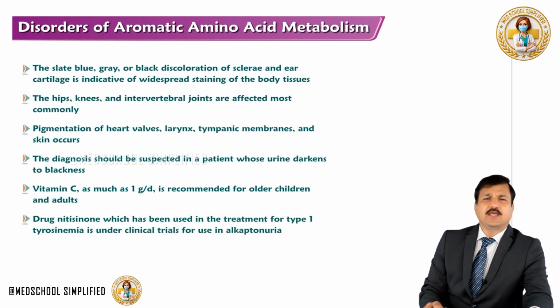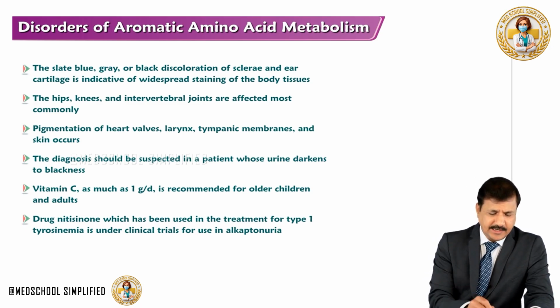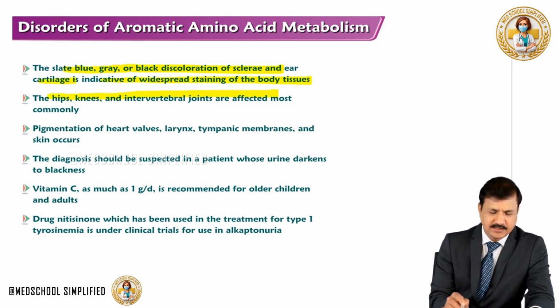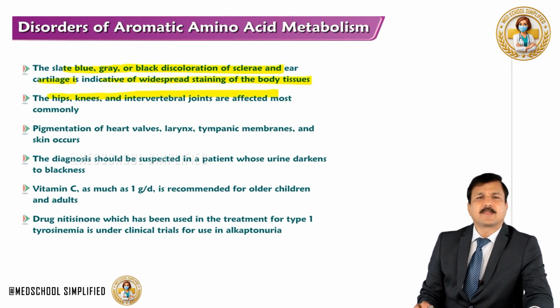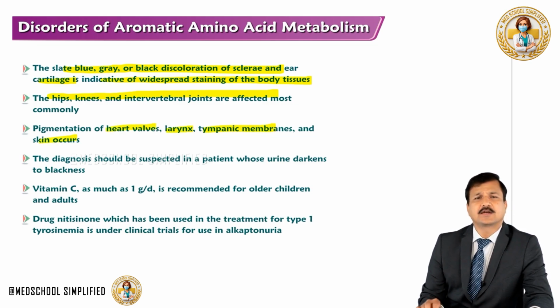Because of the accumulation of alkaptone bodies, there is slate, blue, grey or black discoloration of the sclera and ear cartilage. It is indicative of widespread staining over the body tissues. Hips, knees, knee joints and intervertebral discs are commonly affected, leading to low back pain. Pigmentation of the heart valves, larynx, tympanic membrane and skin can occur.